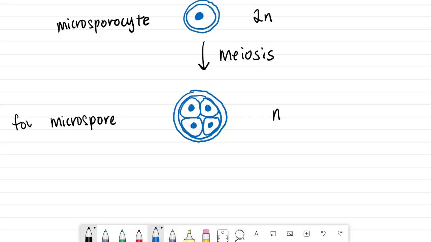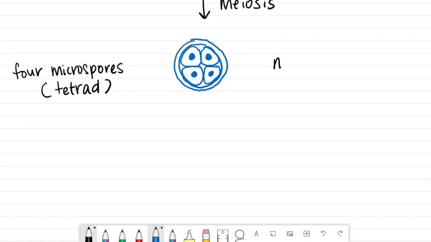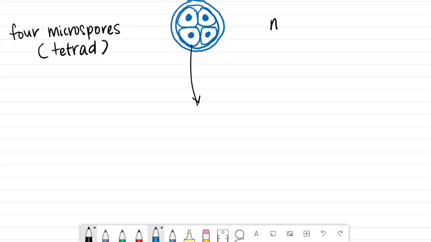Actually, if you look here, there are 4 microspores, so it is also called a tetrad. Now let us look at only one of these microspores. Each of these microspores will mature and they are going to become a young pollen grain.